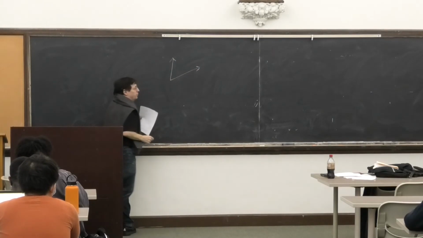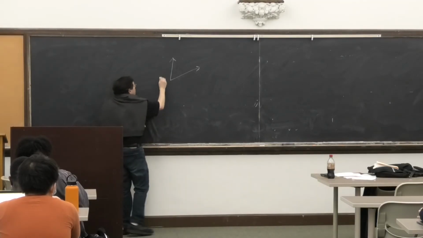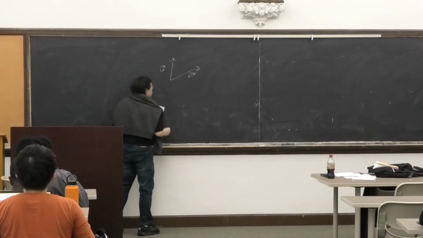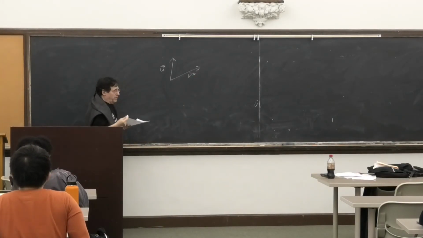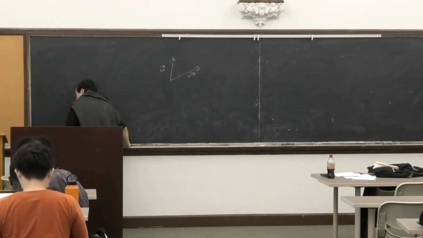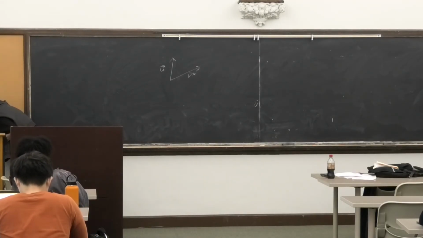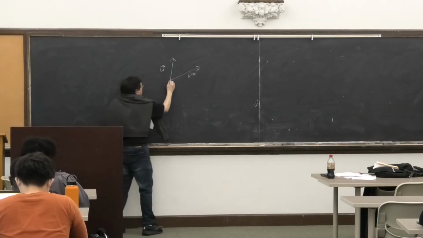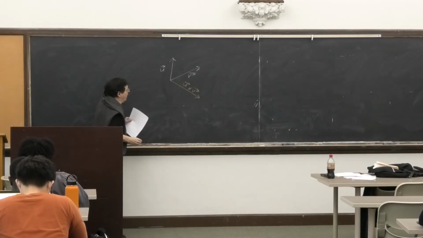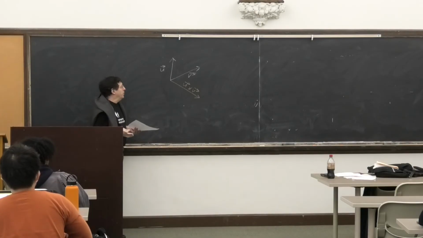So if you have two vectors in 3D, and you want to generate the cross product, this is going to have two properties.